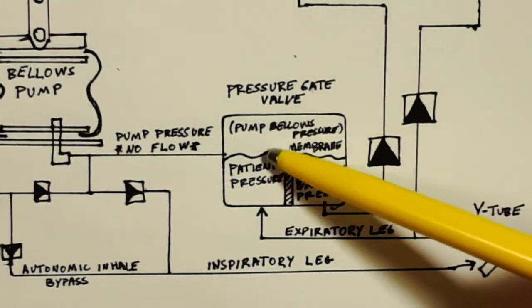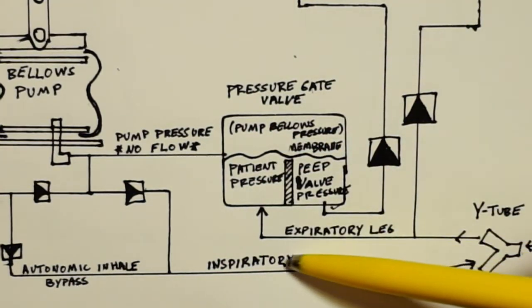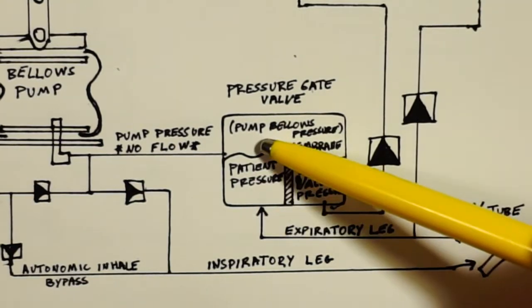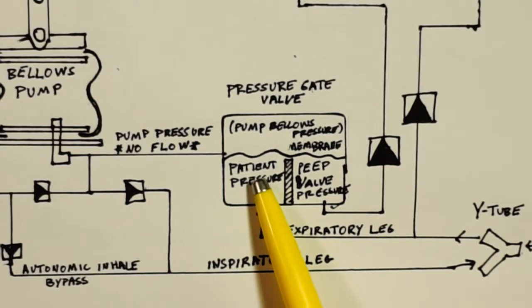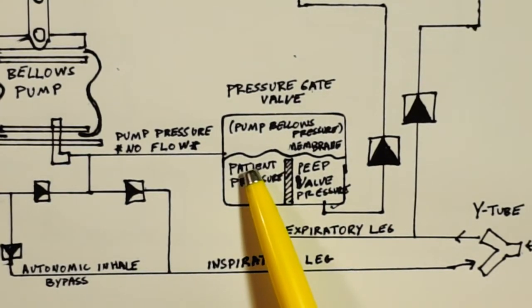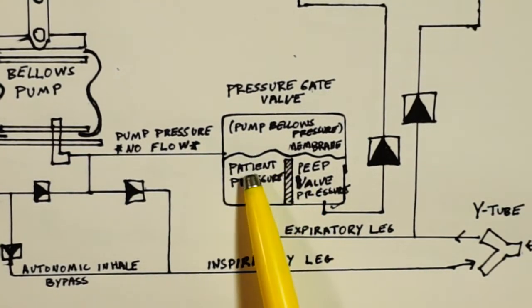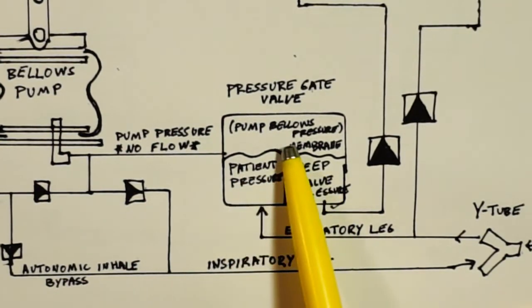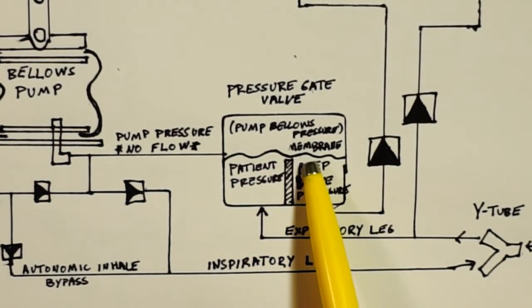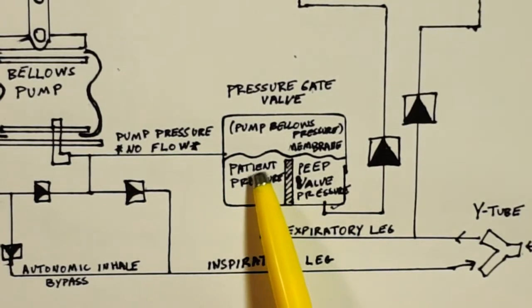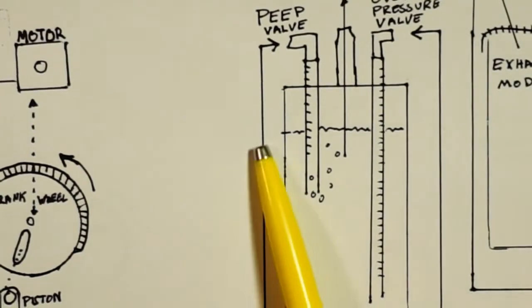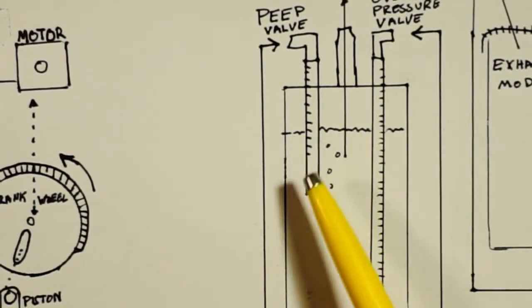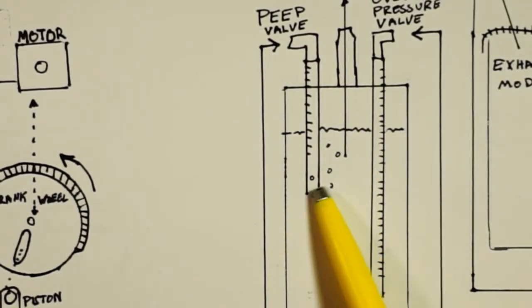As well, there is now a higher pressure from the patient pushing this membrane up from the patient pressure chamber, thus exposing the patient pressure chamber to the PEEP valve chamber and allowing the patient to exhale through the patient pressure and PEEP chamber, through the check valve, and ultimately into the PEEP system up until their pressure matches the hydrostatic pressure at the end of this tube.